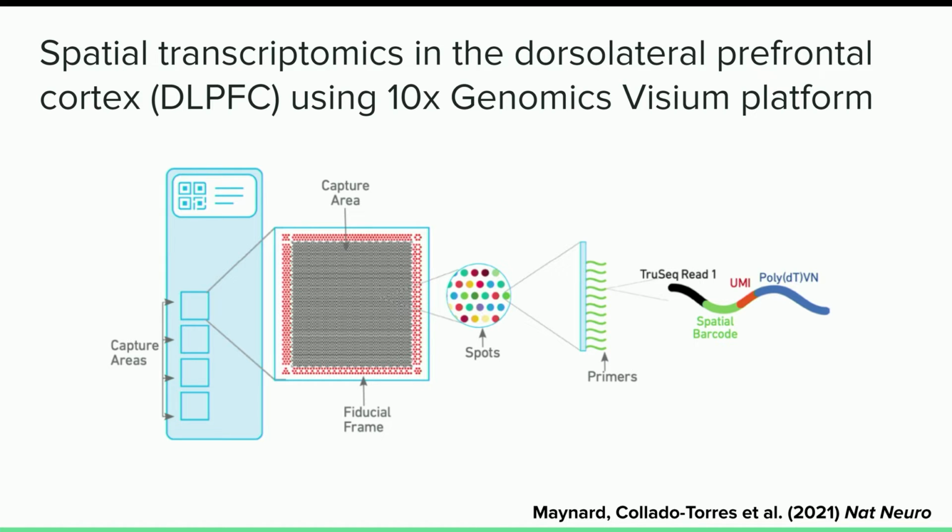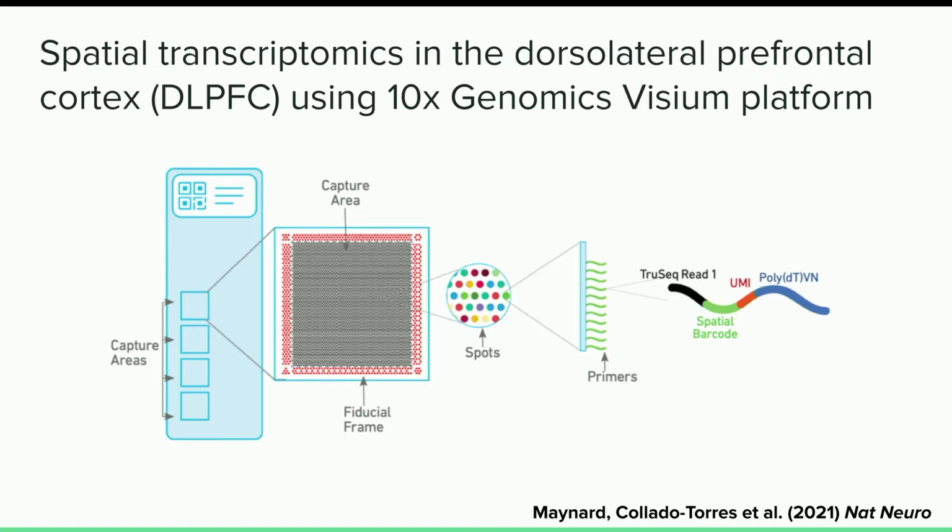So each spot is essentially a set of barcodes at an XY coordinate, with a unique set of primers for each spot. So you have RNA that binds to the set of primers, for example, and when you go to sequence that RNA, you have a spatial barcode that tells you the unique location where that RNA came from.